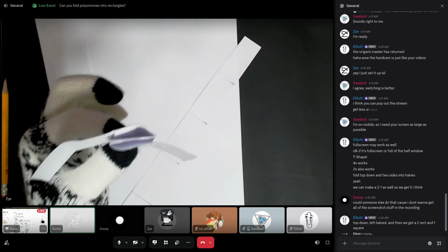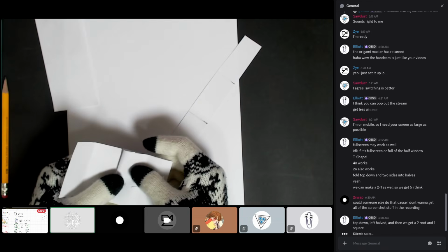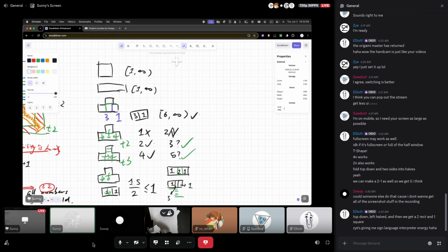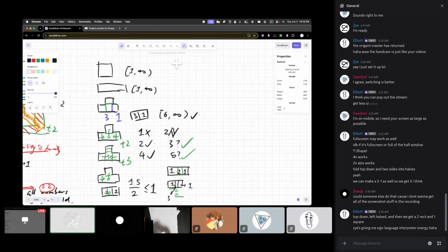The tetrominoes are mostly unfascinating. We're gonna have the Z, and we're gonna see that everything that we did with the T still works, basically.